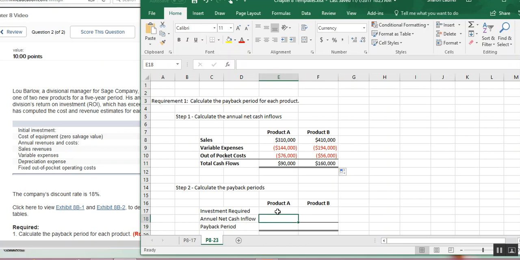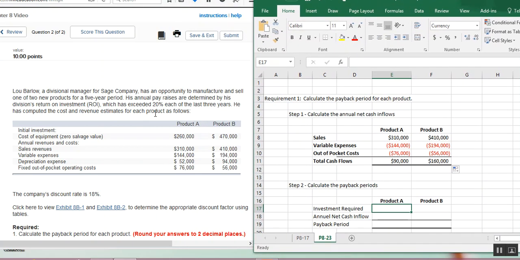So we needed to put in the investment required. It looks like product A has an investment of $260,000 and product B is $470,000.